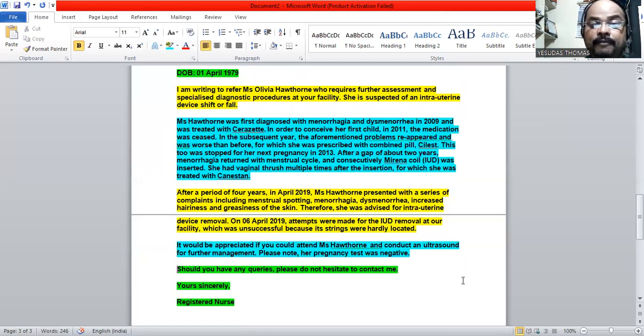Each paragraph has a specific motive. The first paragraph, highlighted in blue, gives you an idea of what has led to the problem.